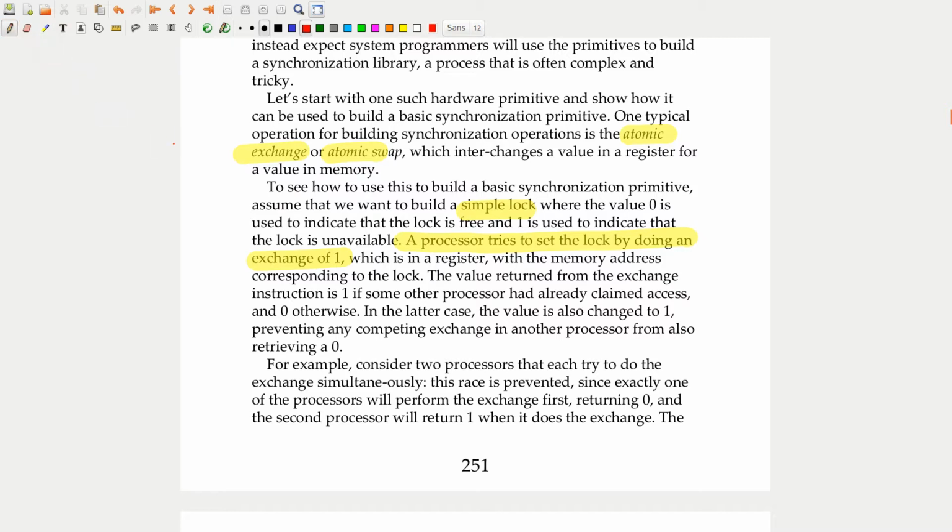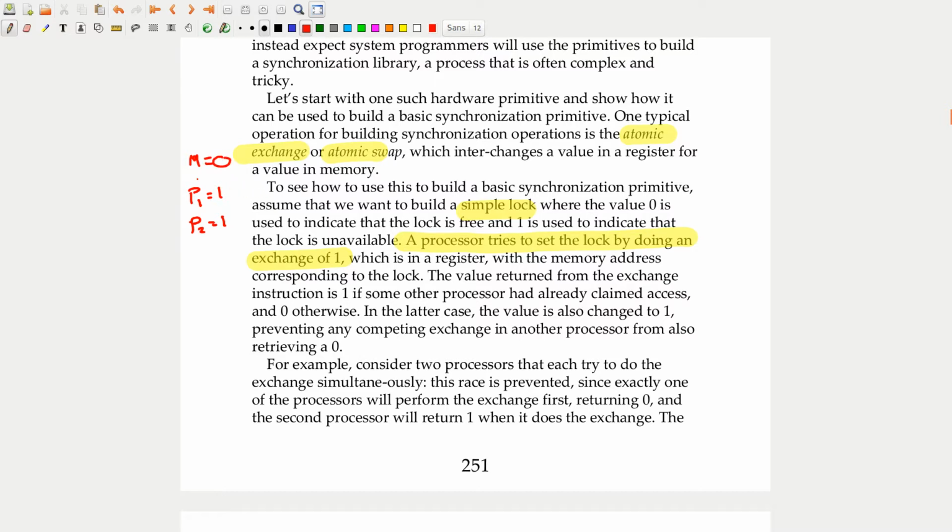In this case, we have P1 and it wants to exchange, so it has a 1, and let's say P2 has a 1, and then let's say some piece of memory has a 0.